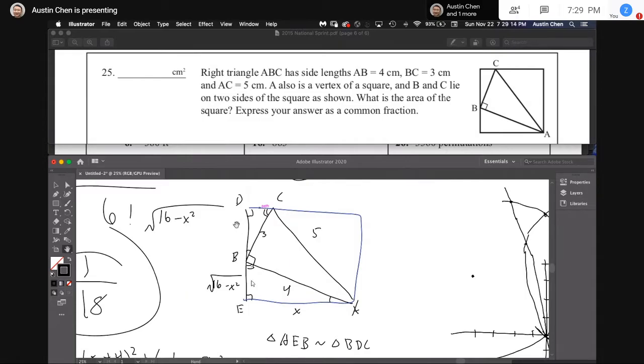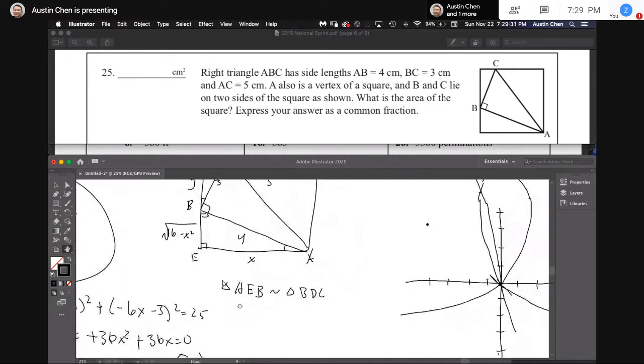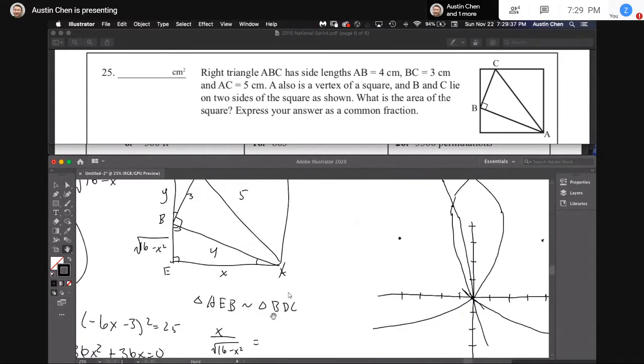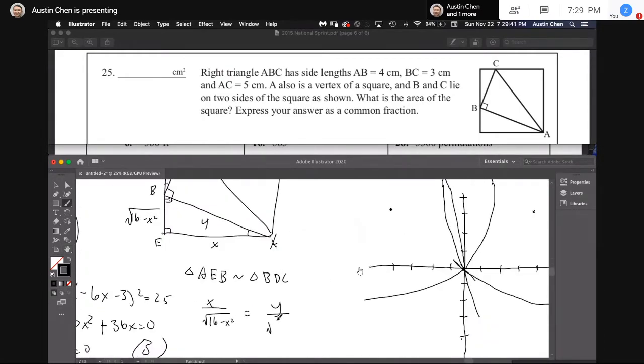All right, and then let's say that this is y, and we could also put this as root of 9 minus y squared. Okay, so from the similar triangles, we can make a ratio. We can say that x over root 16 minus x squared will be equal to y over root 9 minus y squared.